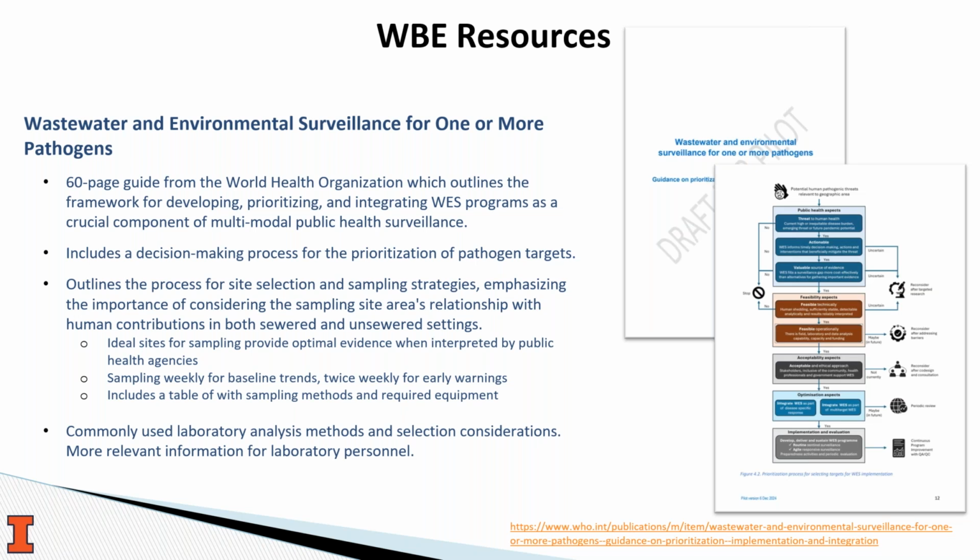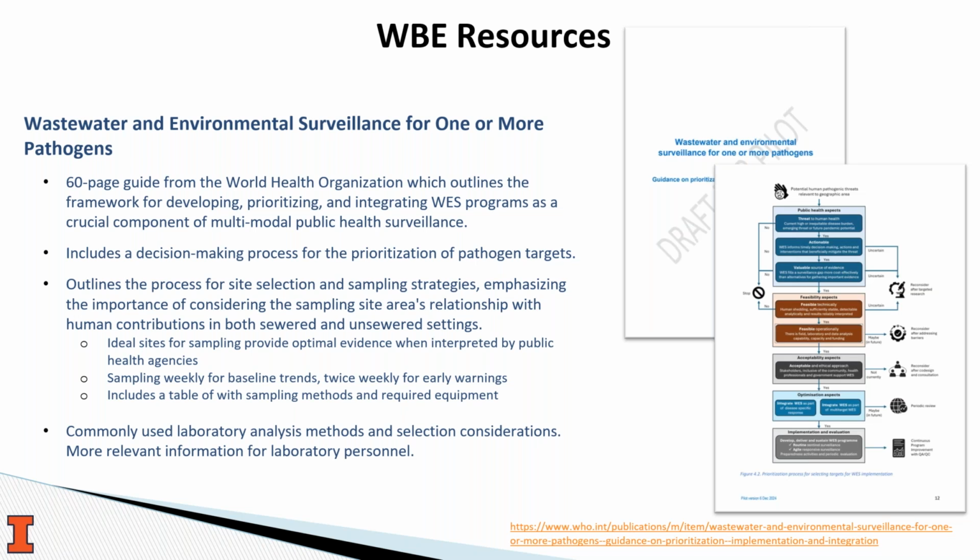Site selection and sampling strategies are also highlighted, with an emphasis that sites should be chosen based on whether they represent the target population, like whether you sample from your wastewater treatment plant influent or within a certain manhole of a specific neighborhood. The guide also includes a table on different sampling strategies, as well as equipment needed, to help wastewater utilities understand what equipment they need depending on what kind of sampling they want to do.